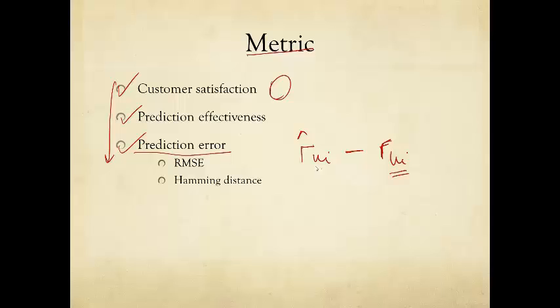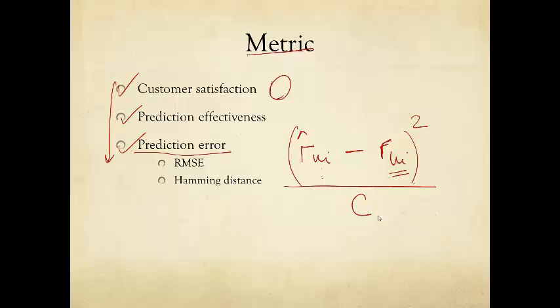It could also be the L2 norm, the square of the difference. So if I overshoot by 1 star or undershoot by 1 star, after squaring, they're all positive numbers, meaning positive error term. So I'm going to square them. And how many do I have?